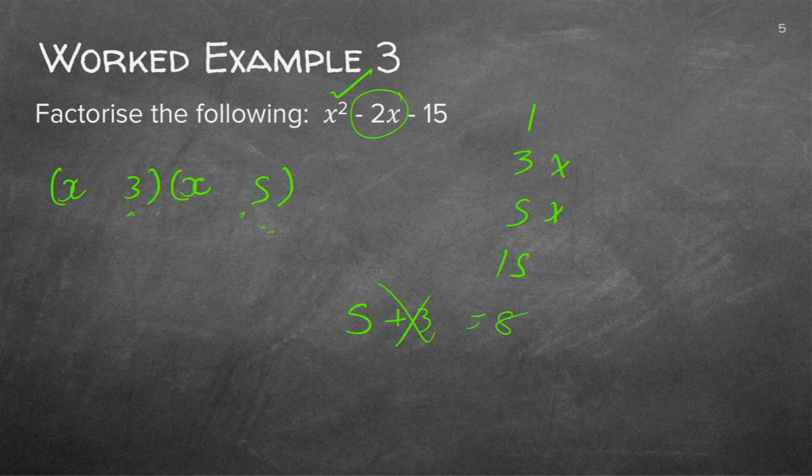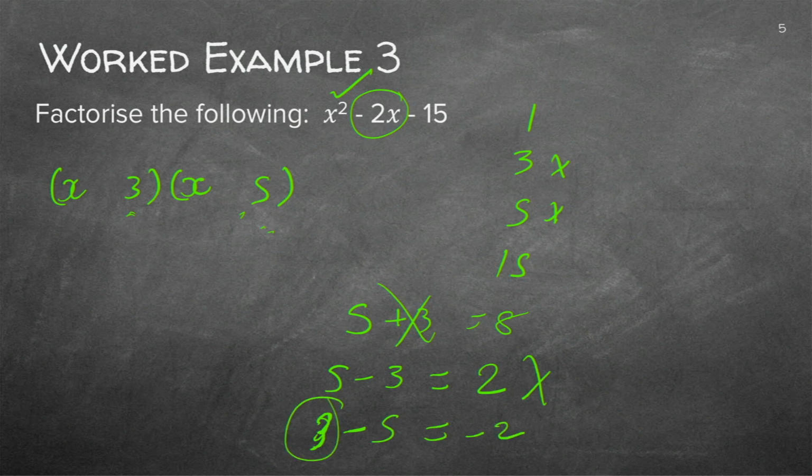If I have 5 minus 3, I am going to get 2, but still wrong because I'm looking for negative 2, not 2. But if I say 3 minus 5, I definitely get a negative 2. So 3 is positive, 5 is negative, and you've managed to factorize your trinomial just like that.